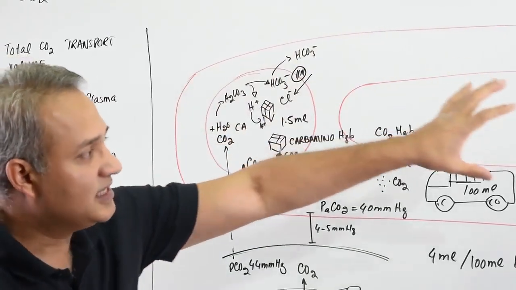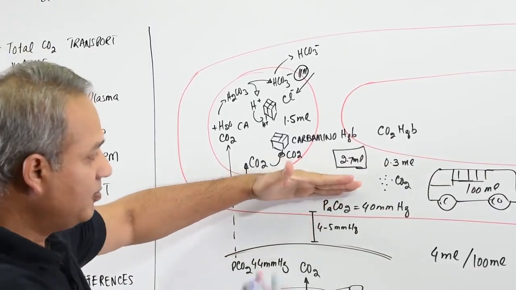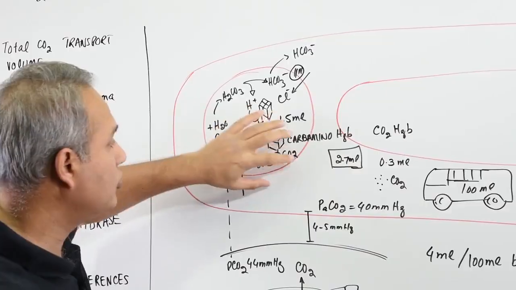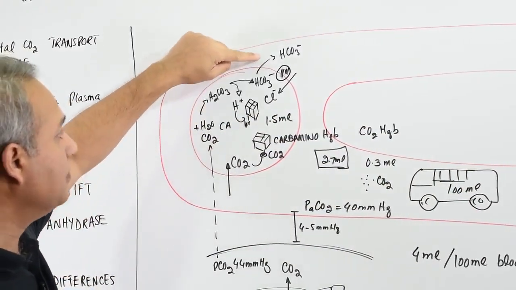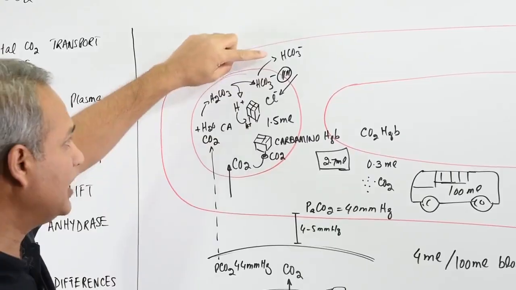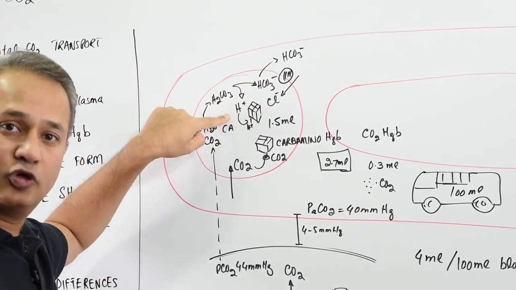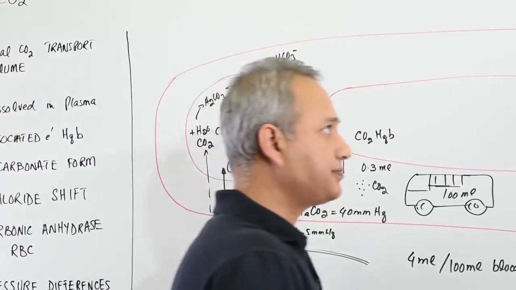When this RBC reaches the lungs now, let us see what happens. Remember, dissolved form we've done. The carb-amino compound, we have done that. Now the third form is bicarb form. You have to keep an eye on the bicarb and chloride and the hemoglobin that is in acidic form now. So let's go there, what happens.